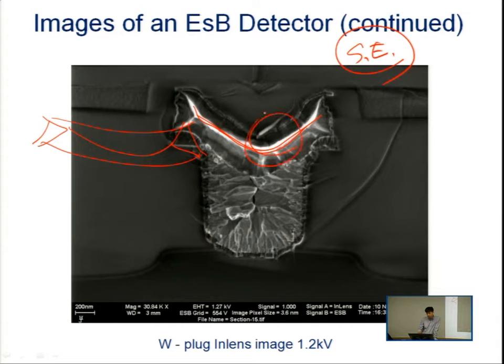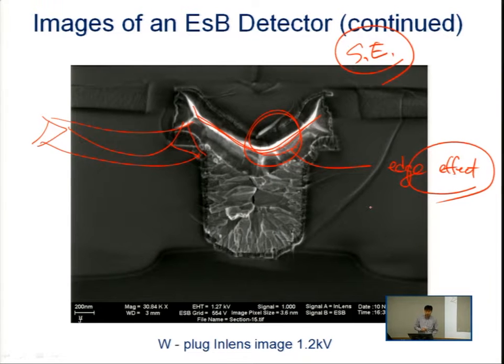So the reason for this bright image is more likely an edge effect. Using just a secondary electron detector, we cannot distinguish which structures are made of what element.